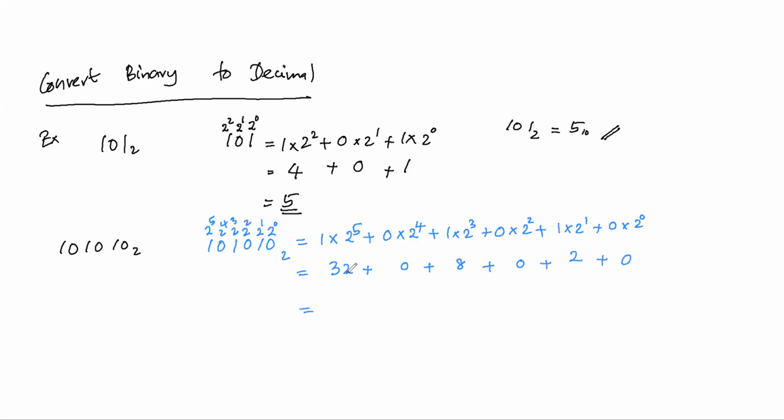So this becomes 42 base 10. So we can say 101010 base 2 equals 42 base 10.